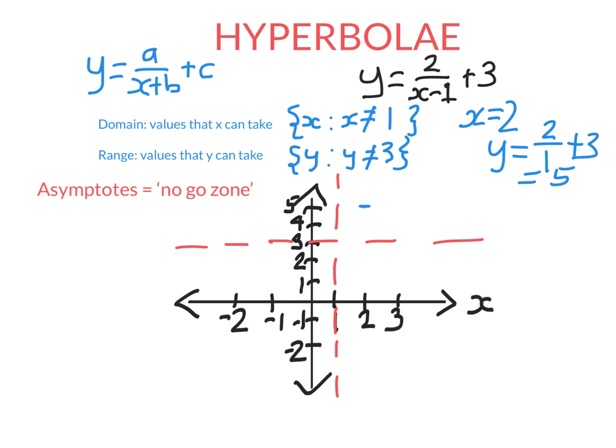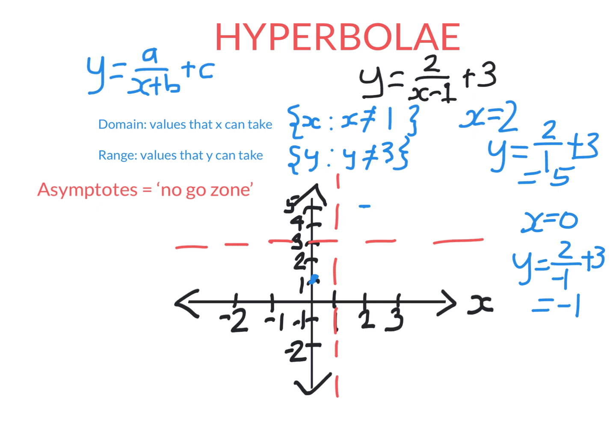Similarly, we can pick a point over here. Let's just pick, for example, x equals 0. That's a valid point here. If x equals 0, y is equal to 2 over 0 minus 1, plus 3, negative 2 plus 3 is 1, so this actually goes through the point (0, 1).